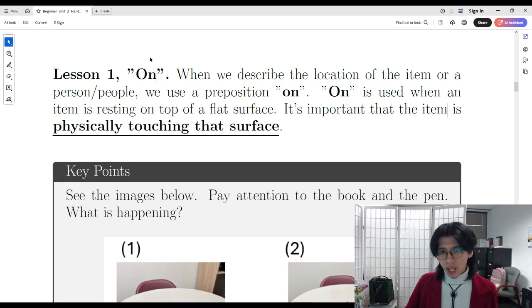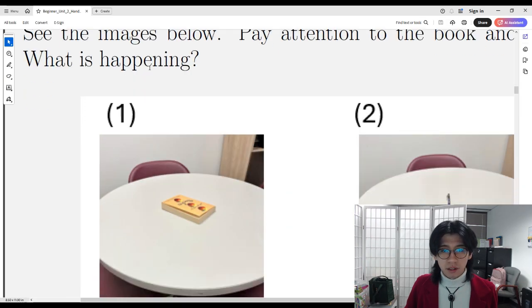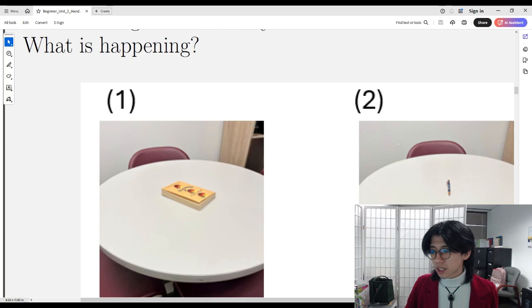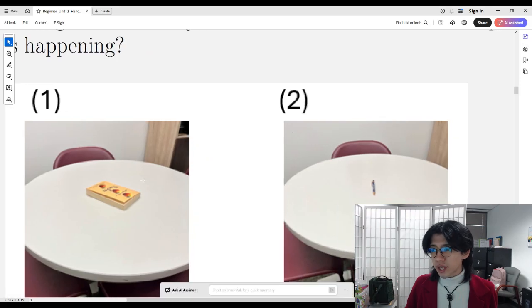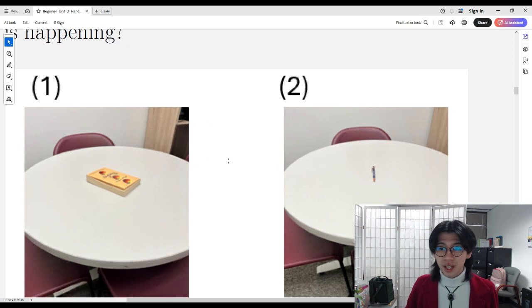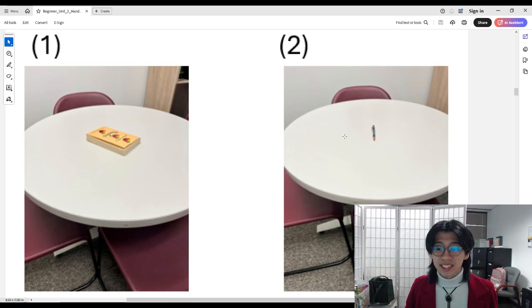So, I want you to take a look at those two images over here. I'm going to make it a little bit bigger so you can see it better. I want you to tell me what is happening in those images. Okay, so we have a book, right? A book. And next we have a pen.